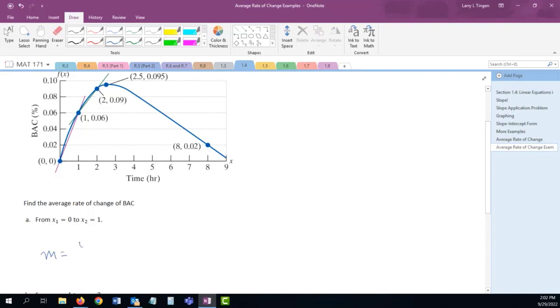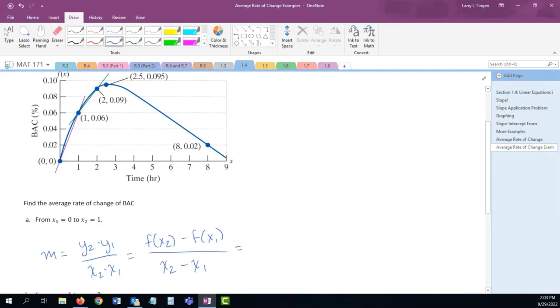Well, the slope is the change in y over the change in x. Since this is in function notation, we'll be very nice and change our setup to, instead of y sub 2, we have f at x sub 2, f at x sub 1.